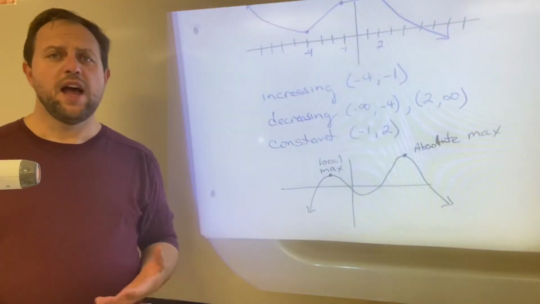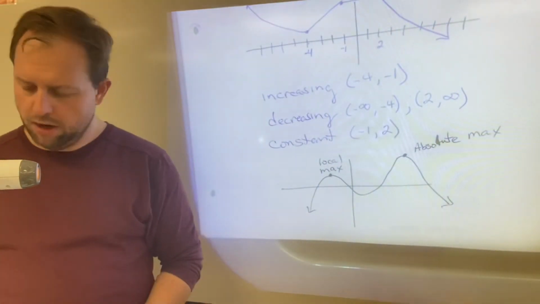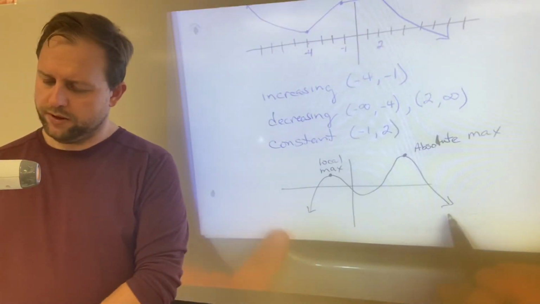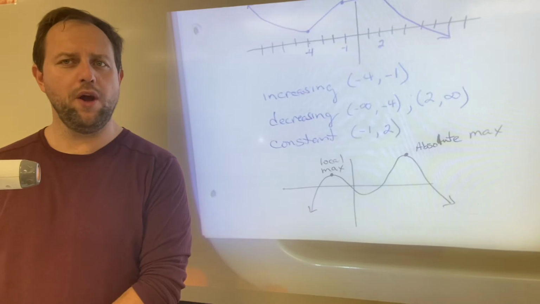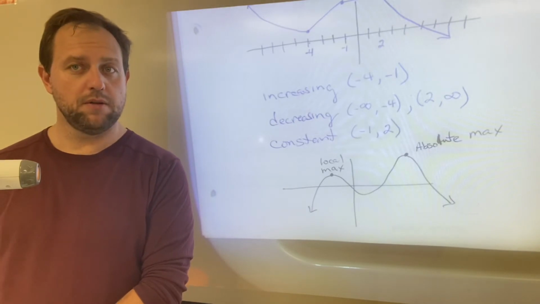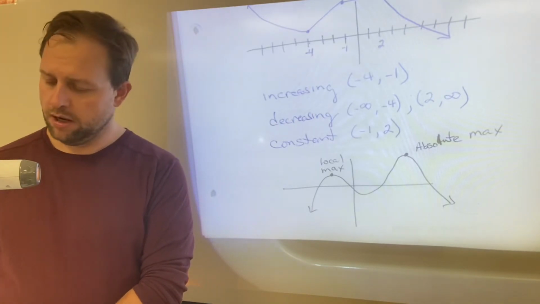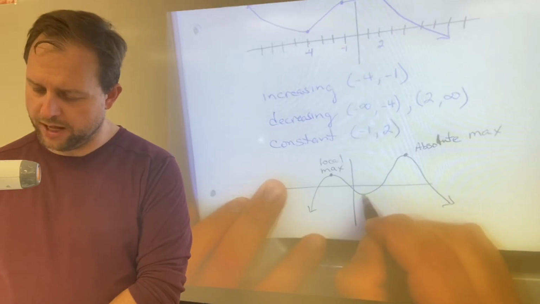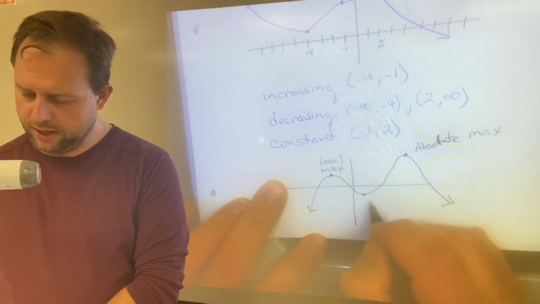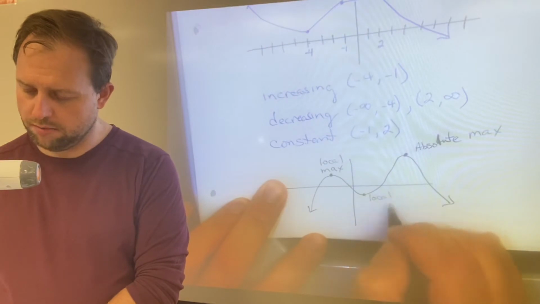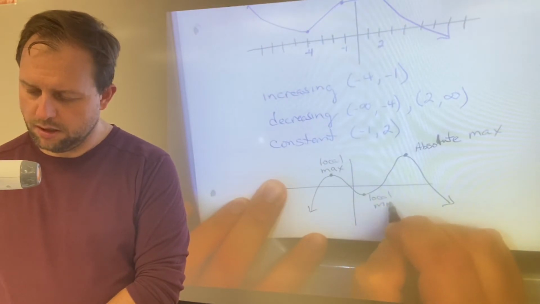Okay? On the minimum side here, the minimum in both ends is negative infinity. So there is no point that is an absolute minimum because it just keeps going. So our one bottom of the curve, our one trough, is just a local min. Okay?